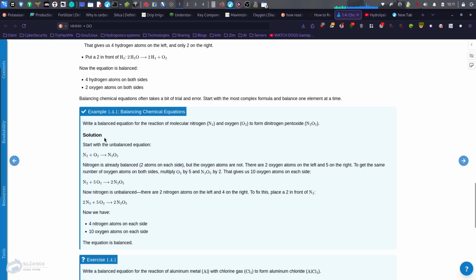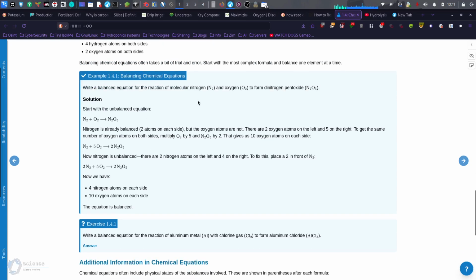Solution. Start with the unbalanced equation: nitrogen N2 plus oxygen O2 produces dinitrogen pentoxide. Strange name.